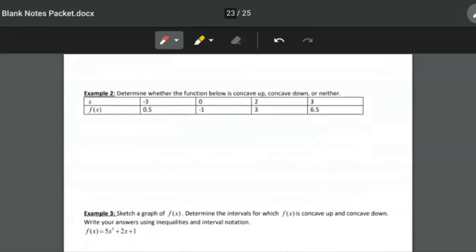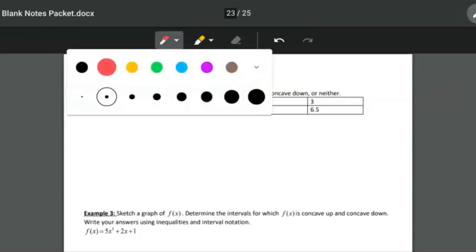All right, let's take a look at example 2. It says determine whether the function is concave up, down, or neither. They aren't giving a picture, so we can't just look at whether the graph is curving up, curving down, or is a line. So think about what else we just learned. The mathematical definition was about slopes, right? We said concave up means slopes increase from left to right.